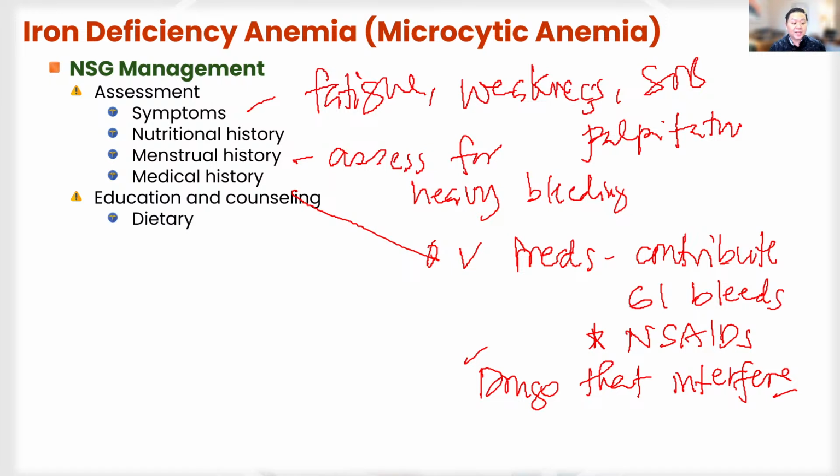And we're also going to have to teach them about the oral therapy, let's say the iron therapy in the oral form. So we need to explain to them the importance of being compliant with taking those supplements in order for them to achieve the goal, right, of getting their iron stores replenished.